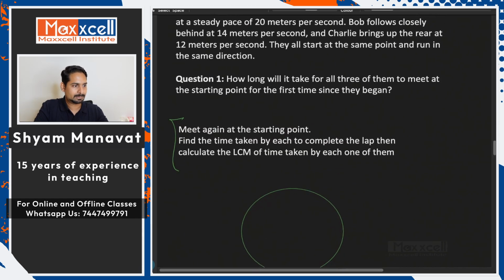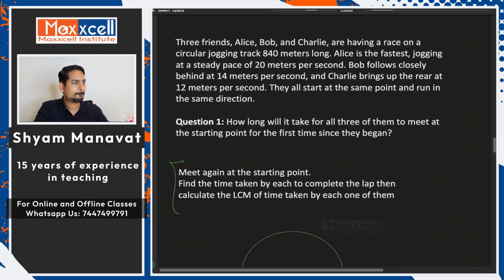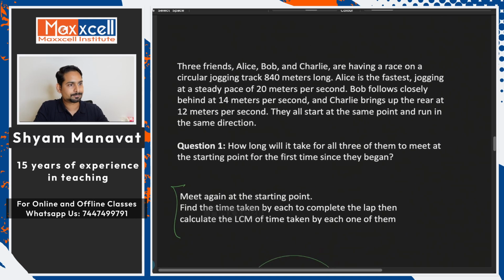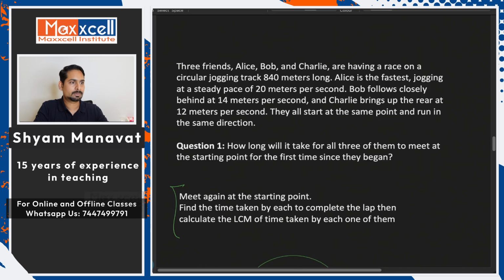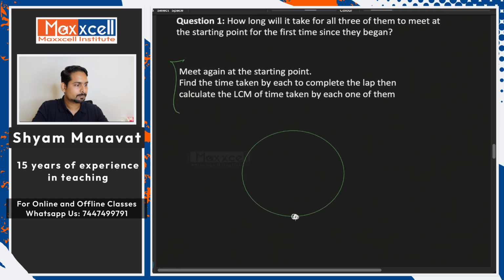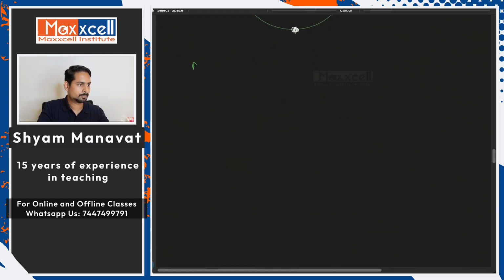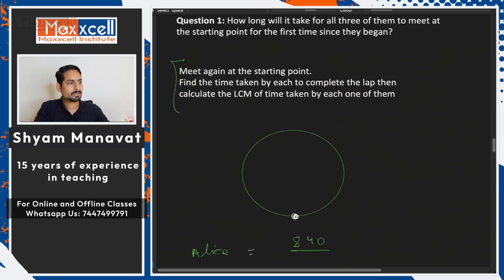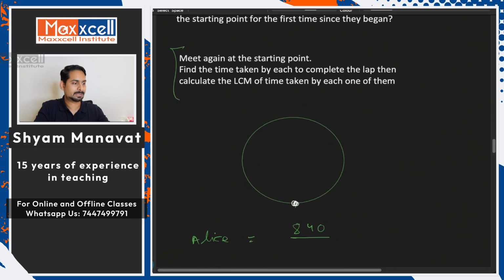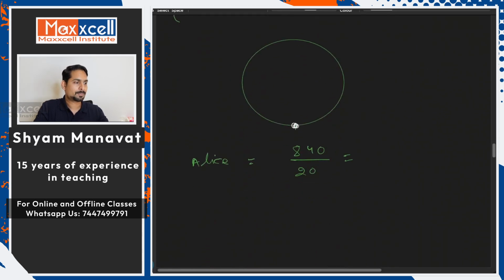Now question 840. The length is 840 meters. Now there are three people: Alice, Bob, and Charlie. For Alice, it is 840 meters distance with a speed of 20 meters per second, so that gives 42 seconds.